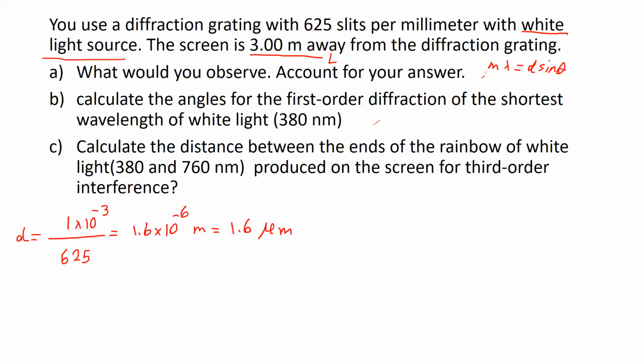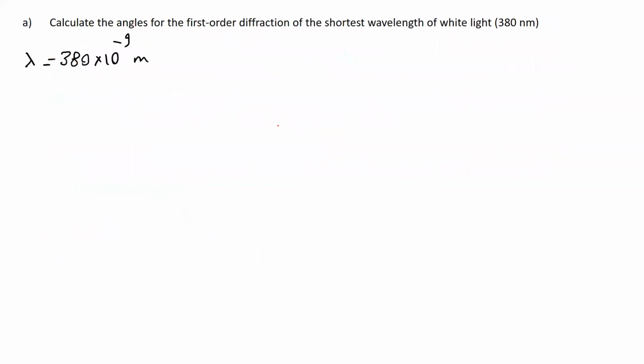Part B: calculate the angle for the first order diffraction. Again, m equals 1. They're asking us to find this angle for first order diffraction for a wavelength of 380 nanometer. It's not that difficult. The only thing we need to do is use this formula, m lambda equals d sine theta.